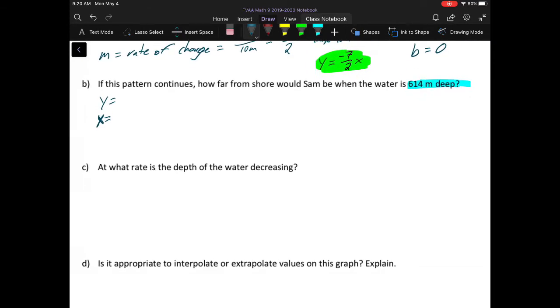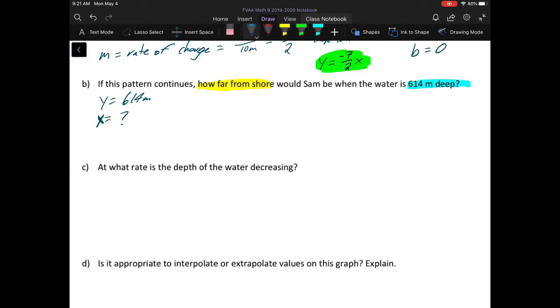Depth of water, you remember, is the y variable. It's the dependent variable. So they're giving us the y, and they're asking us for the x. How far from shore? That is the x variable.